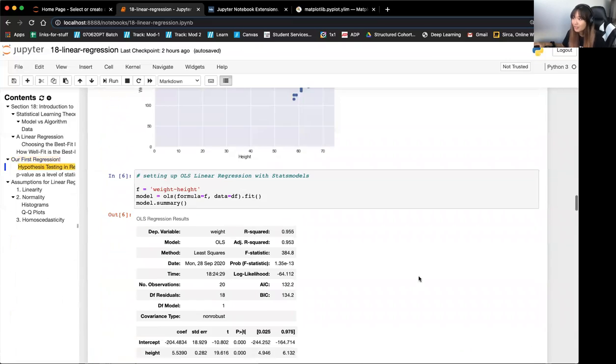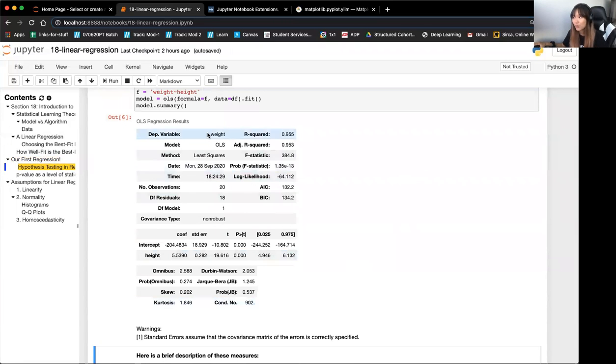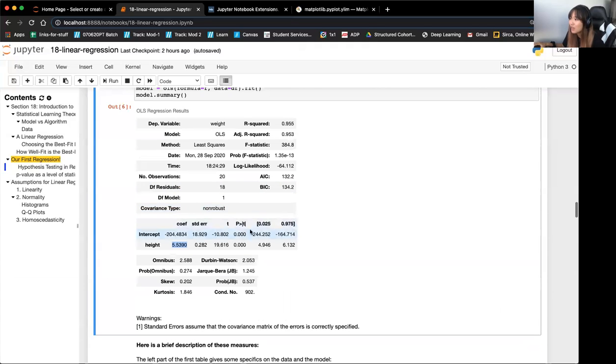Because we want to be able to predict weight using height, we need there to be some relationship between weight and height. The relationship being that with every increase of 1 inch in height, you get a 5.5 increase in weight in pounds. That's the relationship we're looking for, and that's what all of these statistics are talking about. So a p-value of 0 is saying that there is 0% chance that there is no relationship between height and weight.